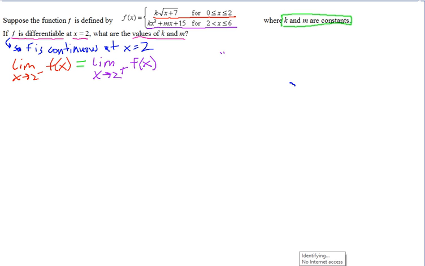On the left, we'll use the top piece, that's the left of 2. So remember, we're just looking for k and m, the constants we're solving for. So it'd be k times the square root of 2 plus 7 equals, from the right, we substitute 2 into the bottom piece, that applies to the right of 2.